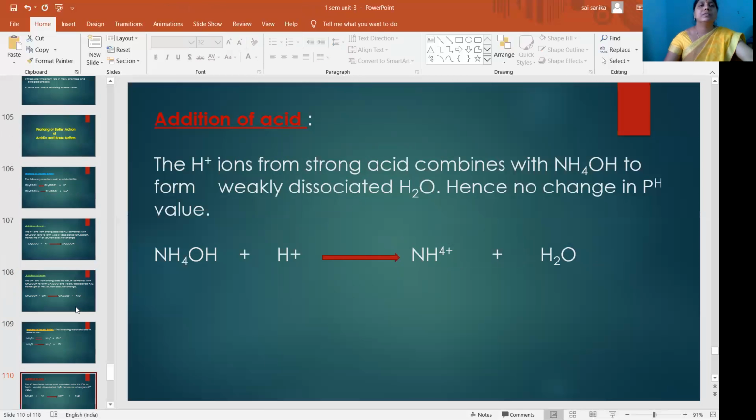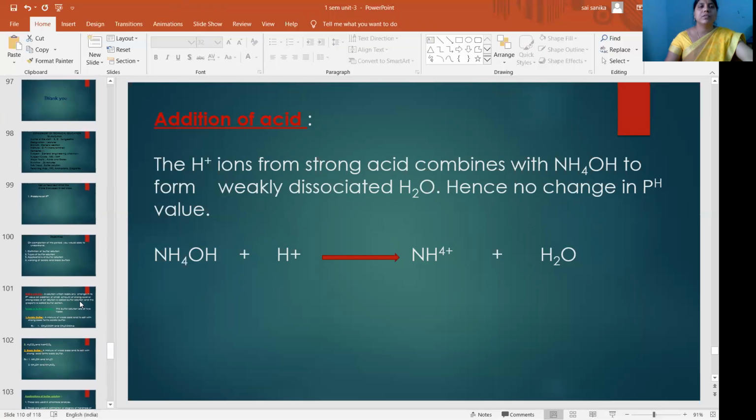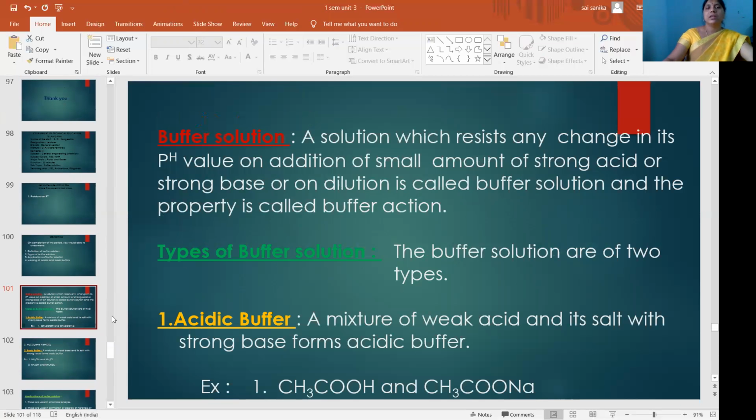So what we studied: what is a buffer solution, the types of buffer solution, the applications of buffer solution, and the buffer action of acidic and basic buffer. First, what is meant by buffer solution? The solution which resists any change in its pH value on adding a small amount of acid, base or water is called a buffer solution.